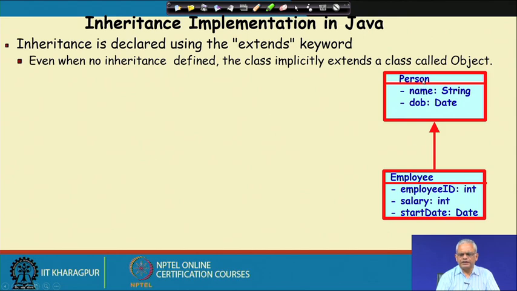A person is a class, and we have name and date of birth as the attributes, and employee is a derived class. Employee is a special type of person. So, this is a general class, and an employee is a special type of person which has not only the name and date of birth, it has a few other attributes as well. For example, employee ID, salary, start date for the employment and so on.